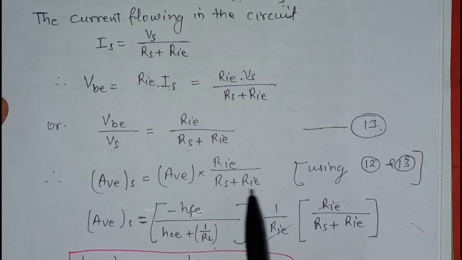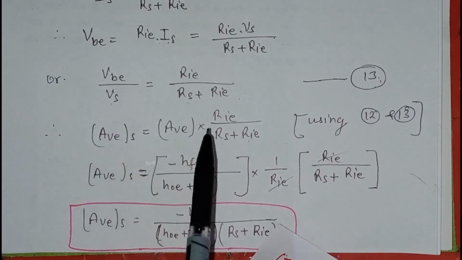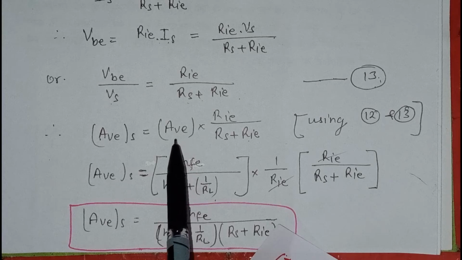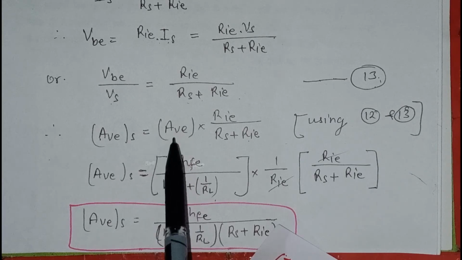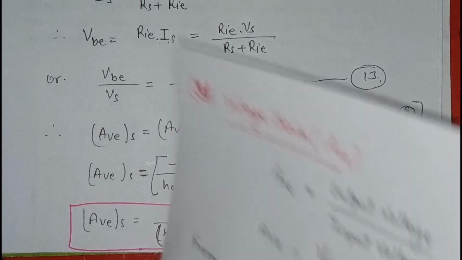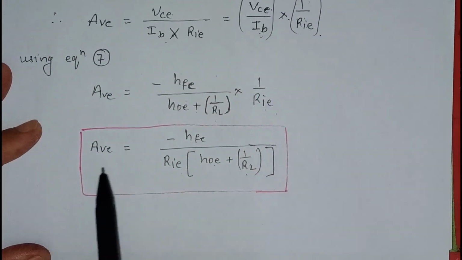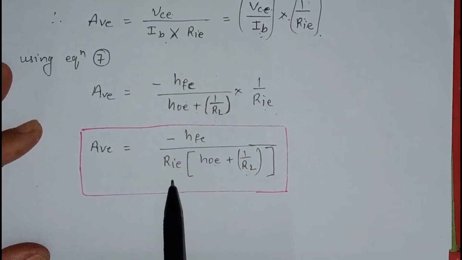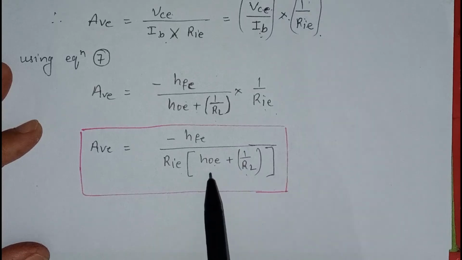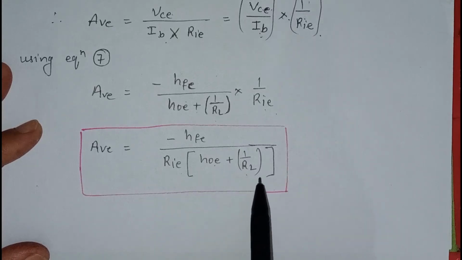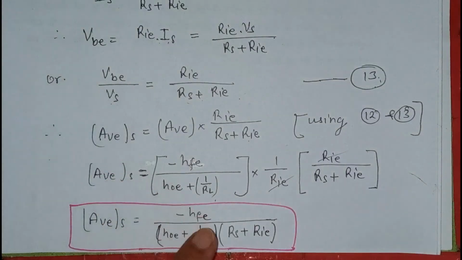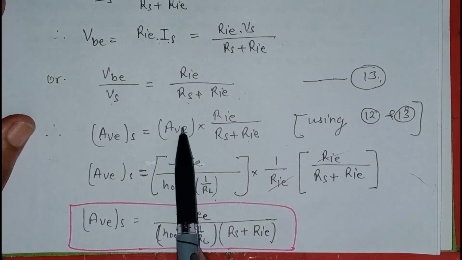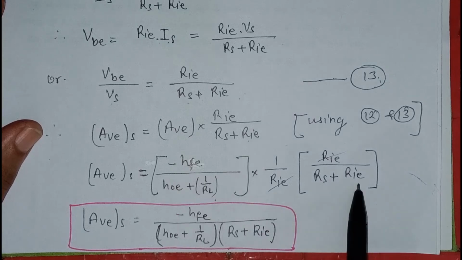Now we will put the value of AV that we derived in our last video, which is the voltage gain of the circuit: AV equals minus HFE upon RIE into HOE plus 1 upon RL. We will put this value of AV in this equation, so the equation becomes this one.